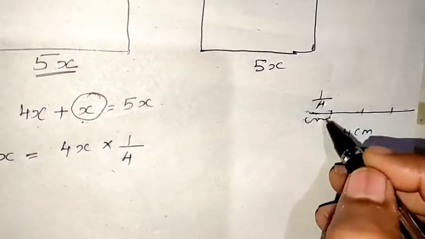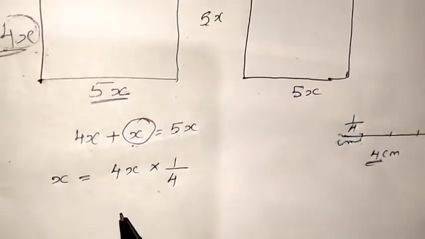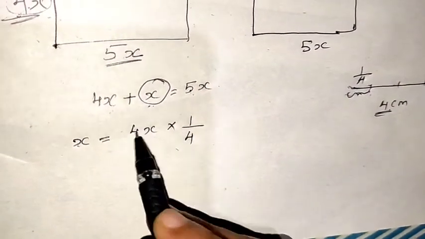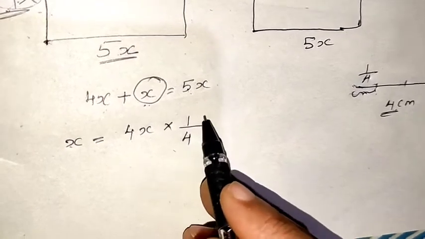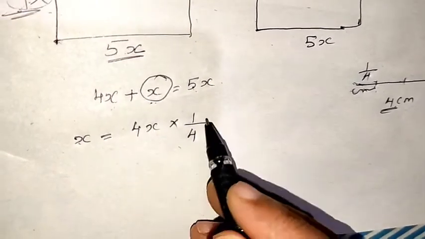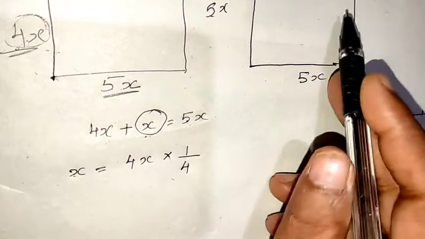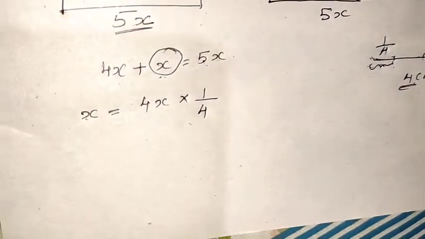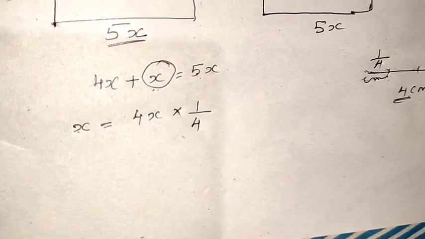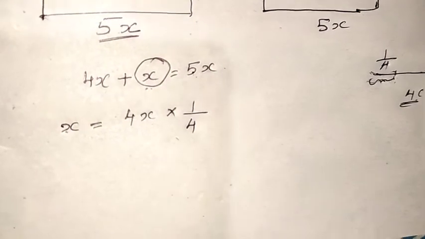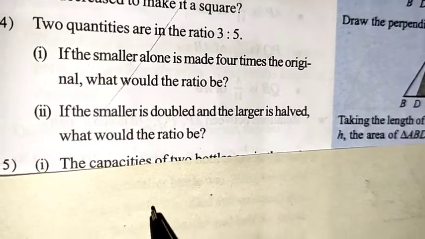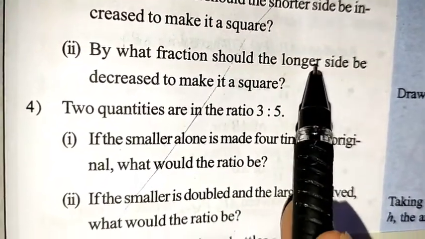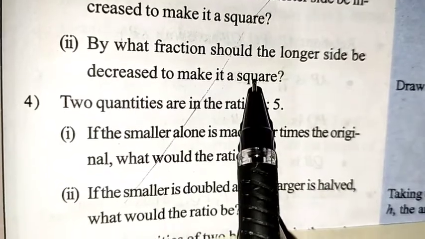So 1 is 1/4 of 4, so x is 1/4 of 4x. So what fraction of the smaller side should be added to get a square? Yes, 1/4 of the smaller side is to be increased to get a square.